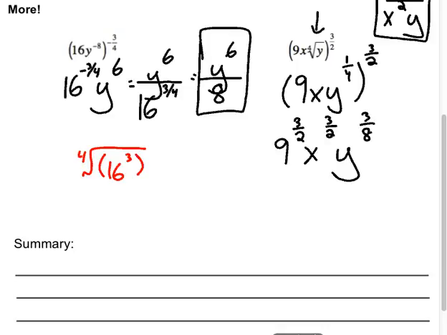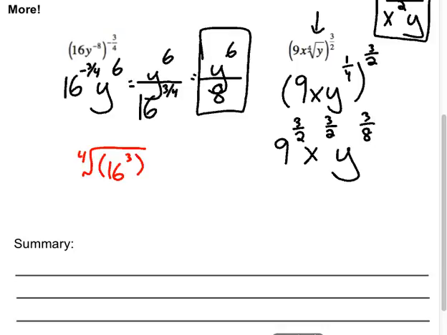All right, now that 9 to the 3/2 power, okay? That 9 to the 3/2 power, remember, means that we have the square root and a power of 9. So here I'm going to show you a little bit different order.